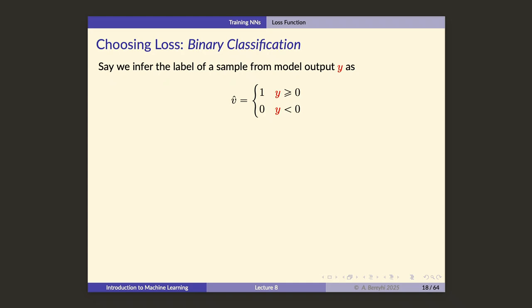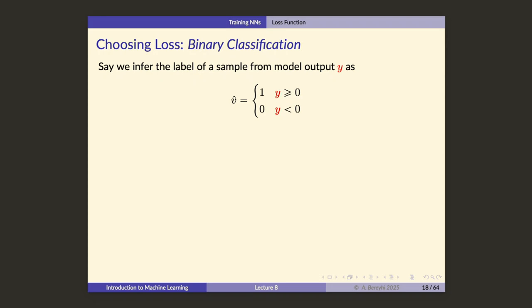I'm going to interpret it as a probability, and then I'm going to check whether this y is more than half or smaller than half. So I am going to set my estimated label to be 1 if y is more than or equal to half, and 0 if y is smaller than half, okay?